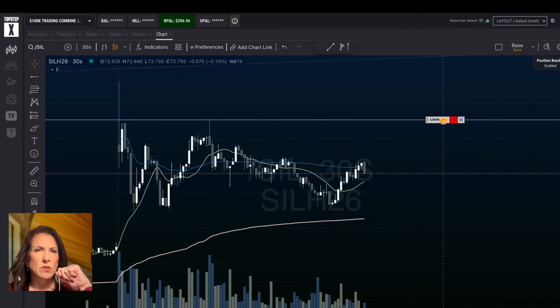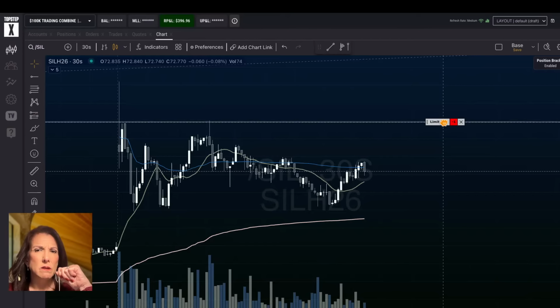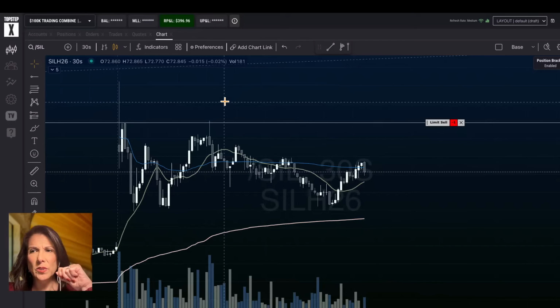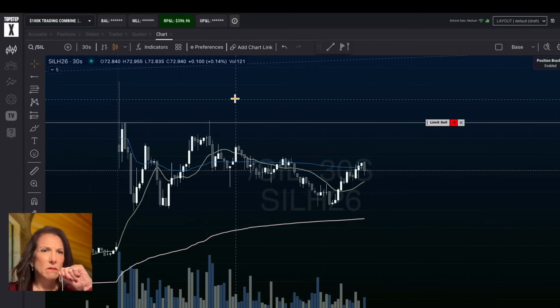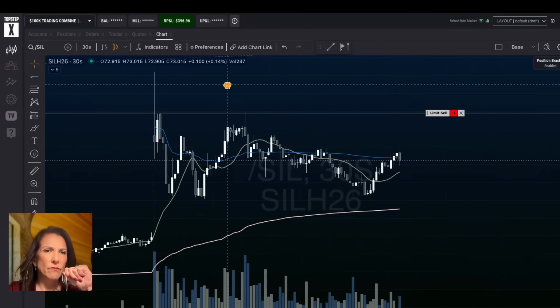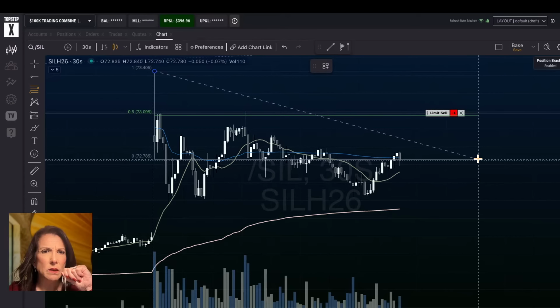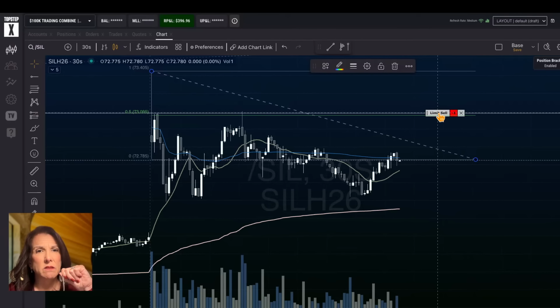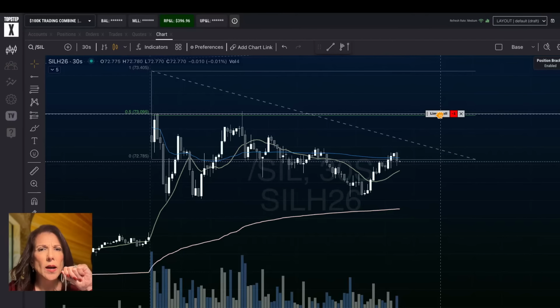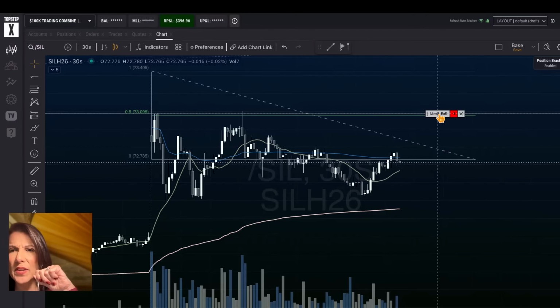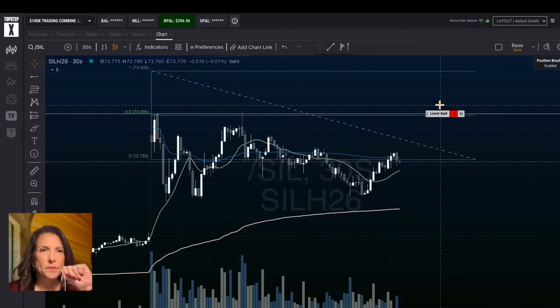To be honest, if it goes there, let me draw Fibonacci, because the first 30 minutes, the first 30 seconds is really, oh yeah, that's perfect. That is absolutely perfect. So I've now moved the entry point to 73.10.